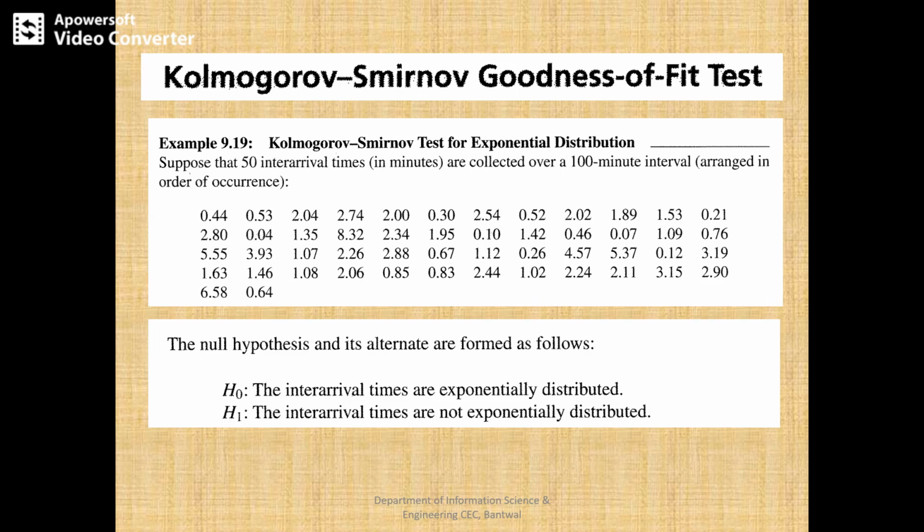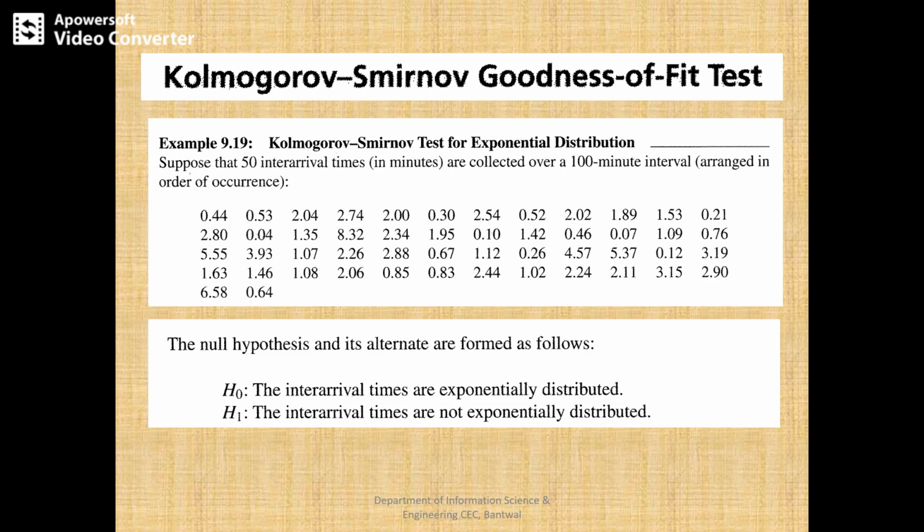That is for a small sample size, almost 5 or 10, and much less than 50. If it is more than that, that test is not useful. So here the goodness of fit can be taken again for a large number of cases, the Kolmogorov-Smirnov test.